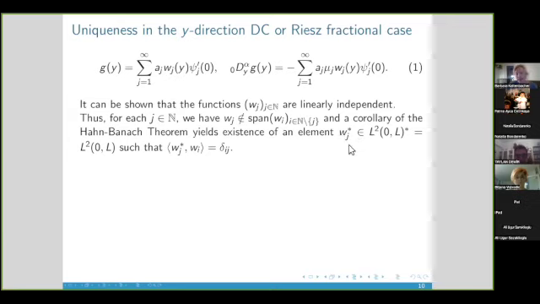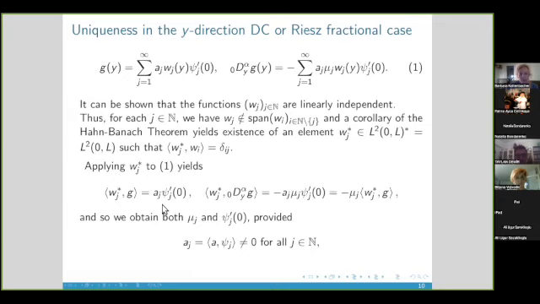There exist L2 functions such that when we apply them, we can single out the single components in that sum. So due to this orthogonality property of this dual basis with respect to our w's, applying w j star to the whole sum singles out the jth component here because of the orthogonality.